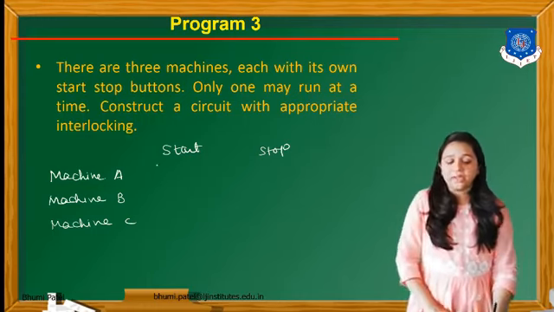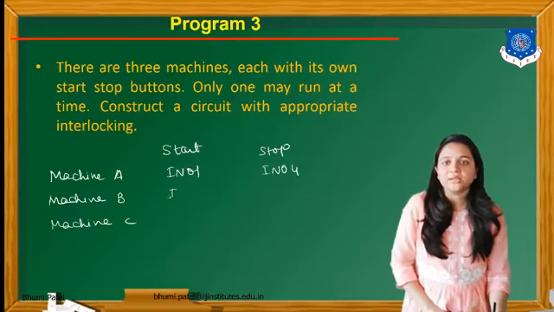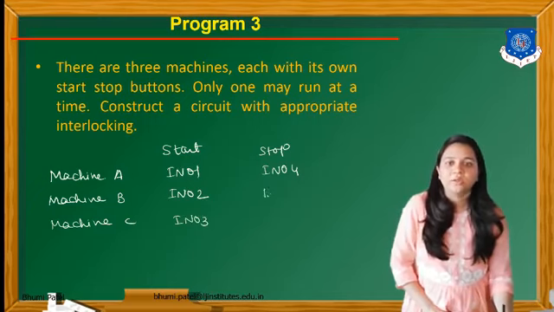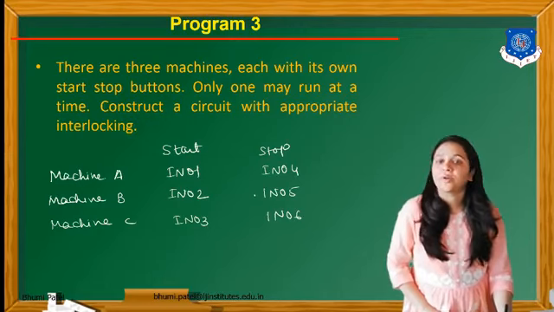So machine A has the start button, suppose IN01, and the stop button is IN04. Machine 2 has the start button IN02 and machine 3 has the start button IN06. For the stop we can put IN05 and IN06. Okay, so these are the individual start and stop buttons for the three different machines.